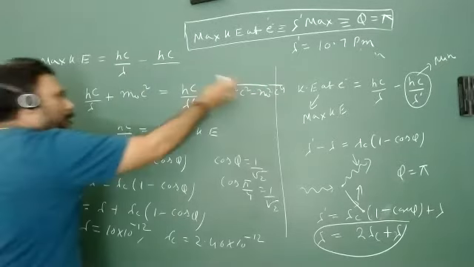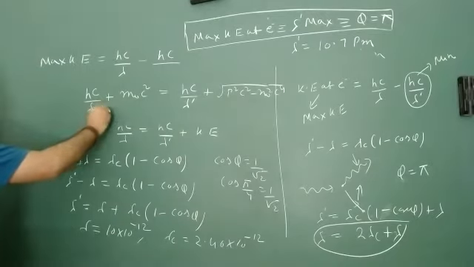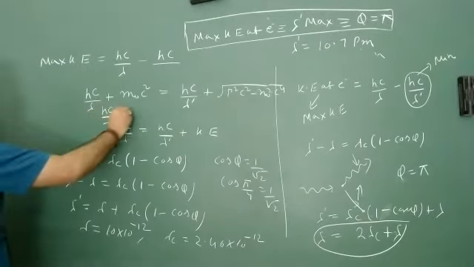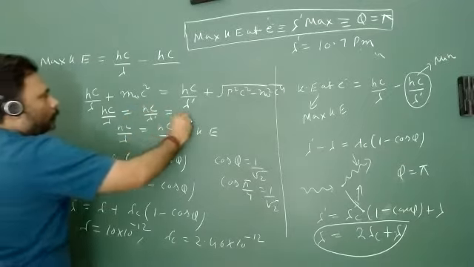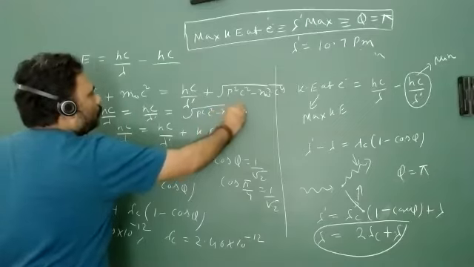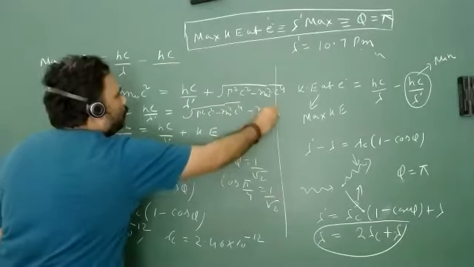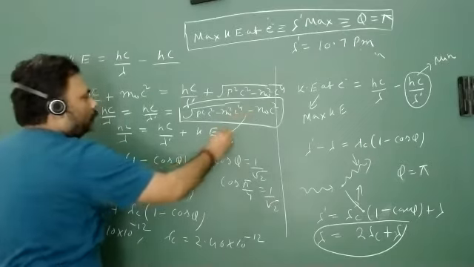If I take it to this side, you will get the same expression: hc upon lambda minus hc upon lambda dash is equal to root under p square c square plus m naught square c4 minus m naught c square. This thing is nothing but the kinetic energy.